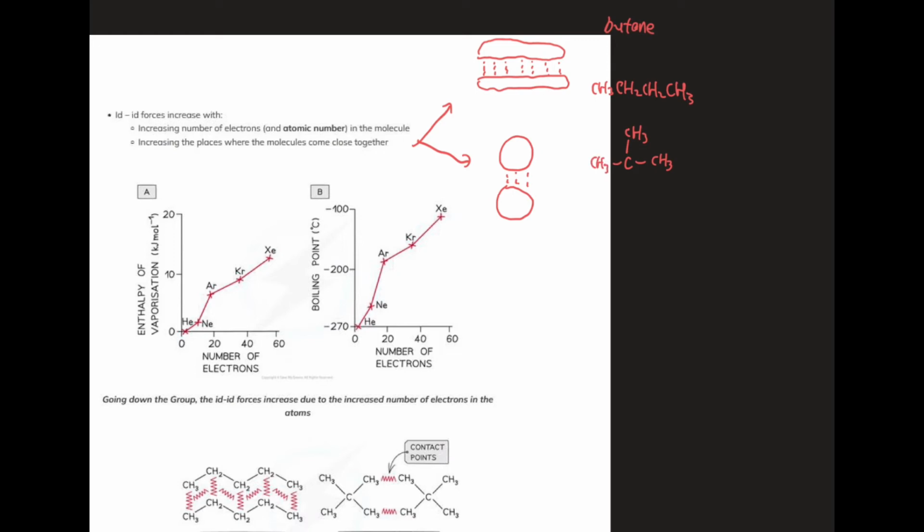So this one is round-shaped. Or maybe I put one more here, then it looks more round. In this situation the Idid has fewer places to form. As you can see here, less surface area in contact, in other words.